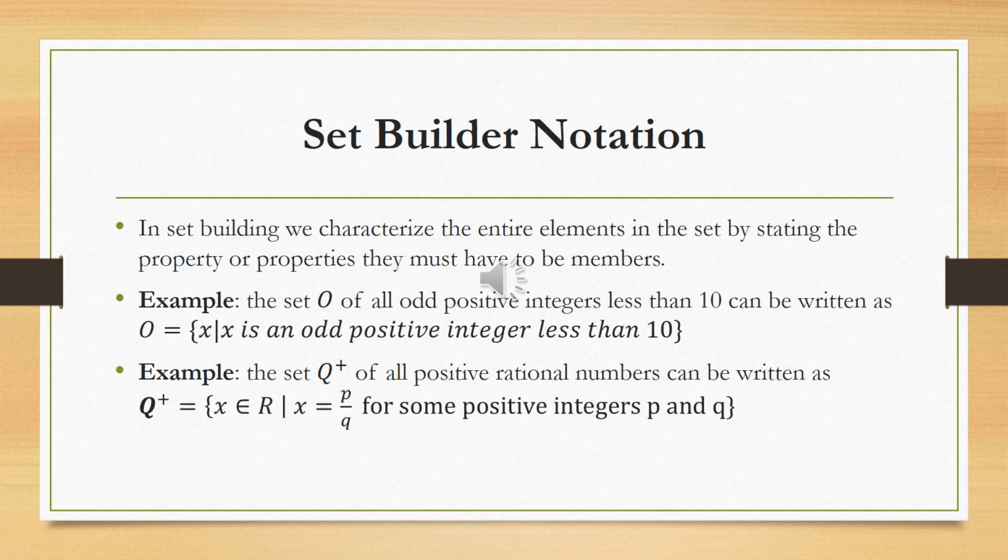We can write it in set builder notation as follows. Q+ is equal to the set of all x, where x is an element of R, meaning real numbers, such that x is equal to p over q for some positive integers p and q. So here p and q are both positive.